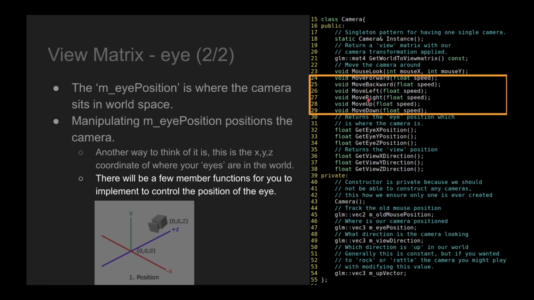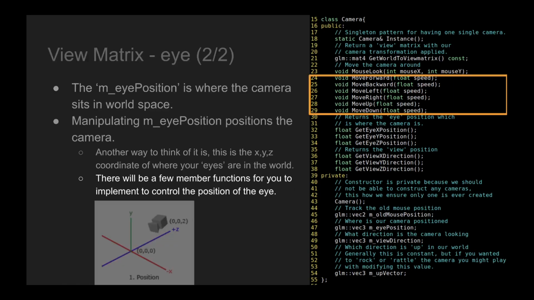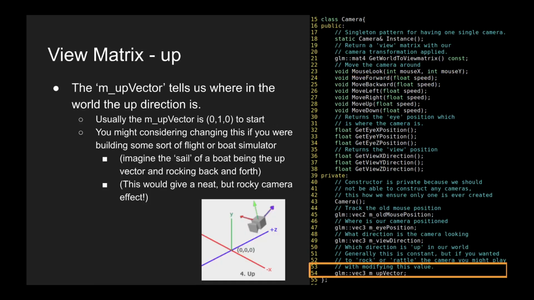So it doesn't necessarily have to be m_eye position dot x plus 1. Well, again, we have to think about where we are looking, right? Taking a step forward if you're turned to the left versus not is different. So that'll be part of the challenge of the lab here. But I'm going to give you some hints in a moment.